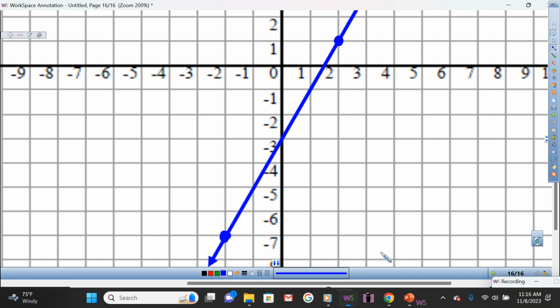So like that you can sketch your straight line. Ruben. So you're just copying that on your graph.